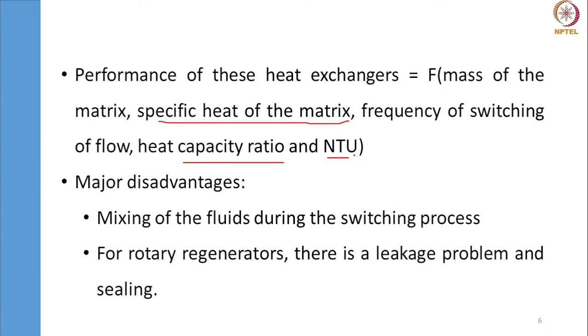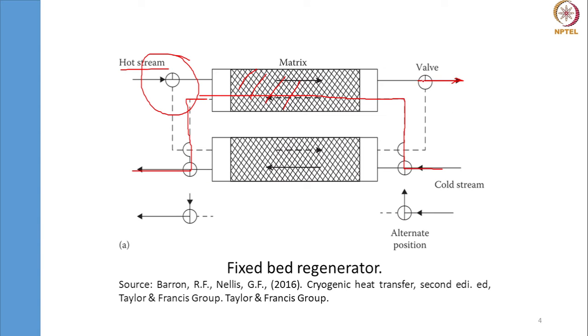So there are 5 different parameters on which these regenerative type heat exchangers depend. There are a few advantages, and obviously it comes with a major disadvantage too. The major disadvantage is the mixing of the fluids during the switching process, once we have to change the valve positions to alternate between the cycles of hot and cold fluid streams.